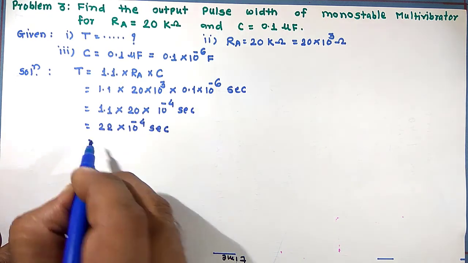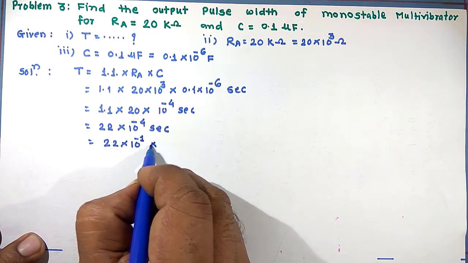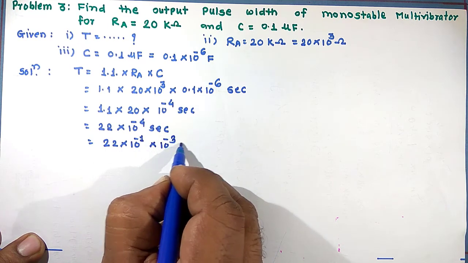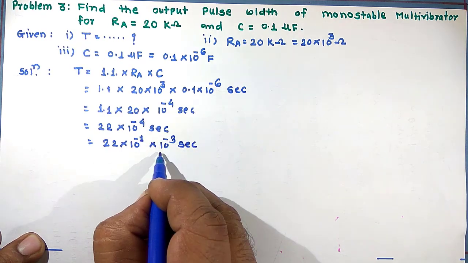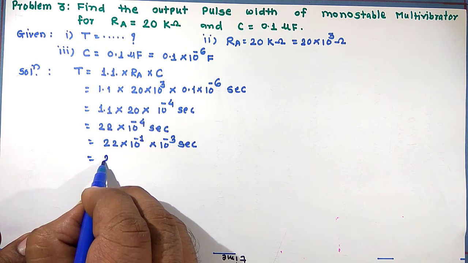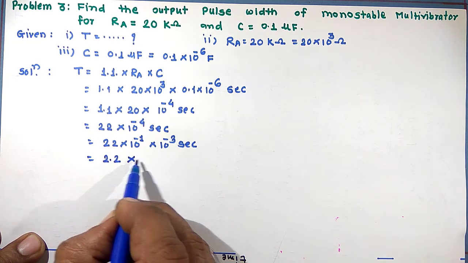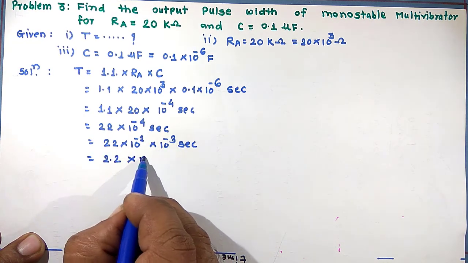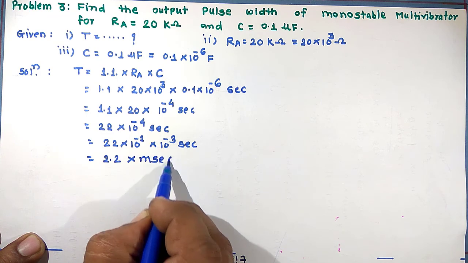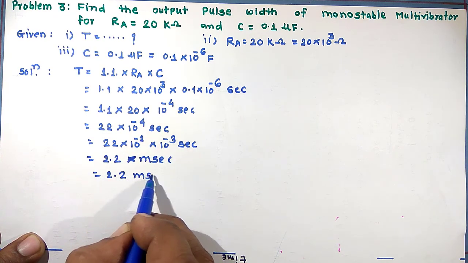So this is equal to 22 into 10 raised to minus 1 into 10 raised to minus 3 second. For 10 raised to minus 3 we can write milli. So this will be 2.2 into 10 raised to minus 3, that means millisecond. So this is 2.2 millisecond.